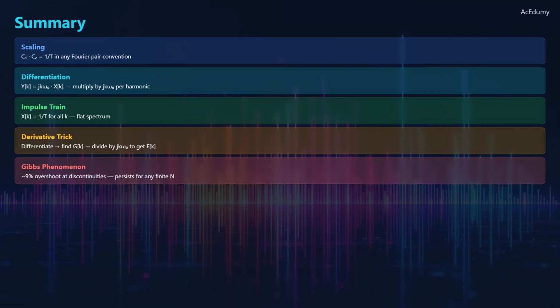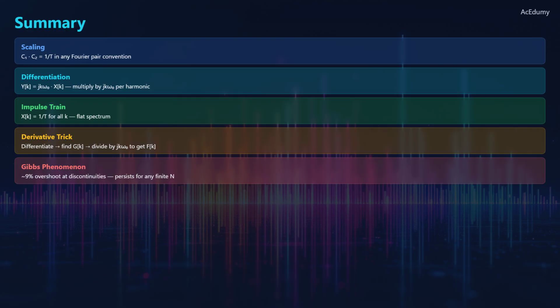Let's review the 5 key results from today. First, scaling conventions. C1 times C2 must equal 1 over T in any Fourier pair. Second, differentiation in time multiplies coefficients by jk omega 0. Third, the periodic impulse train has a flat spectrum.